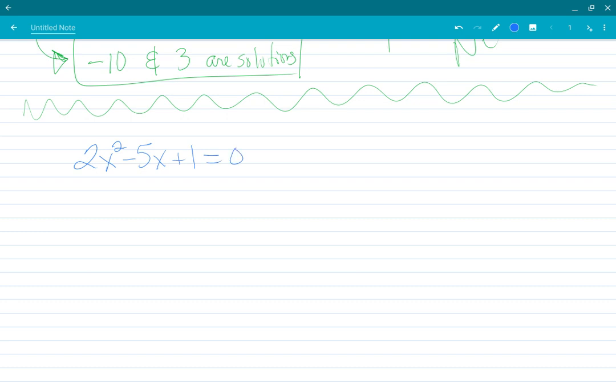Now, typically, when there's an extra number out here, that's a red flag that it's going to be harder to factor. So this game cartridge is a little harder.